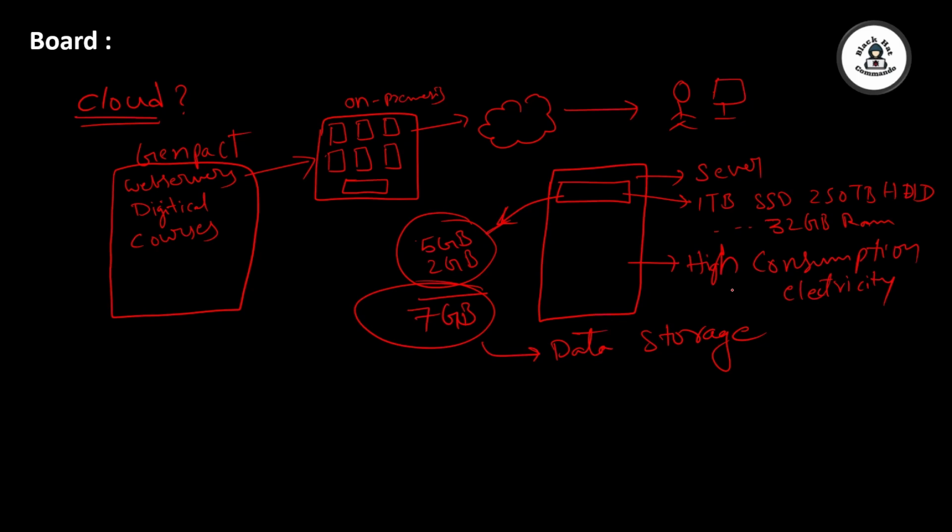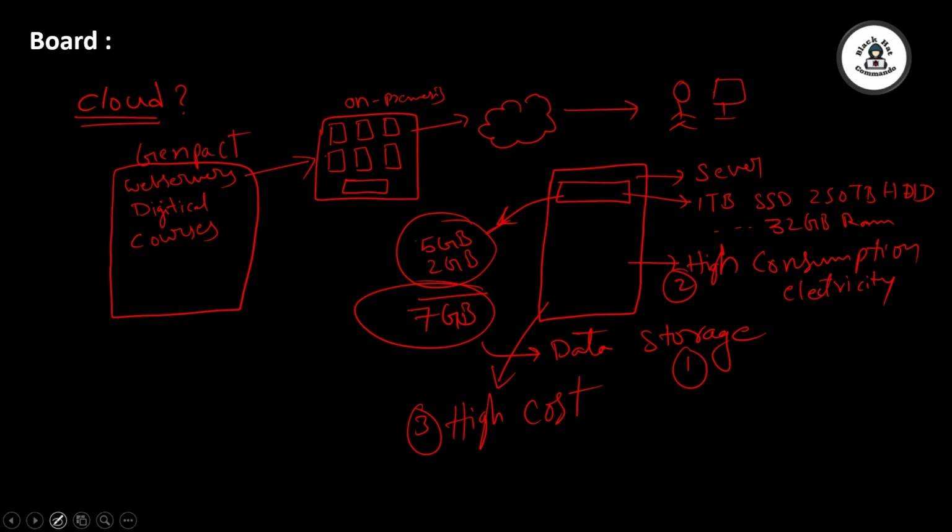This is not a big issue. Another thing is high cost. So one, huge data storage was wasted. Secondly, high electricity consumption. Thirdly, high cost for the hardware solutions before the cloud existed.